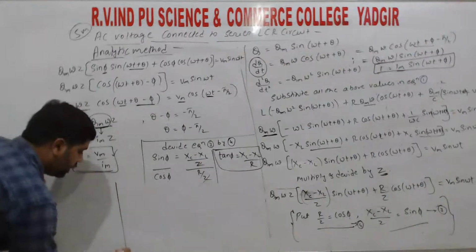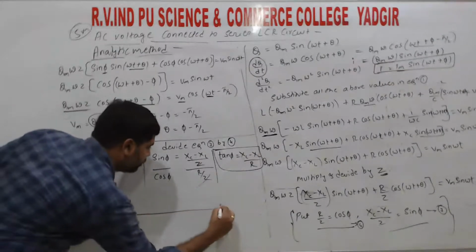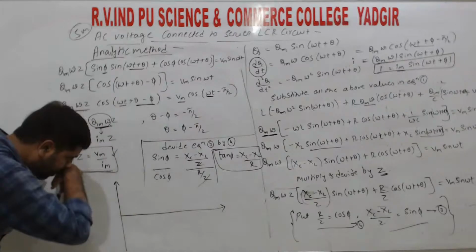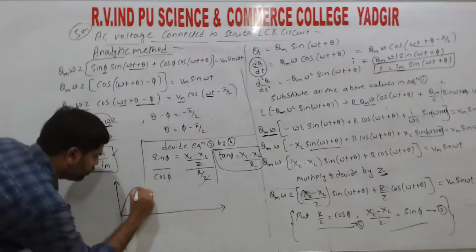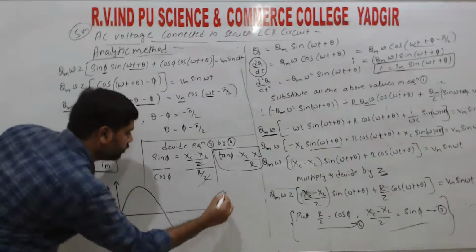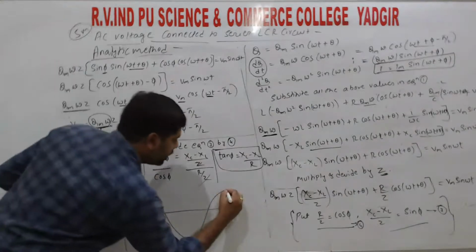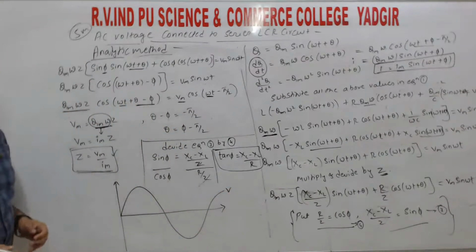And the last is the graphical representation. In the series LCR circuit, this is the applied voltage V, where V = Vm sin omega t.